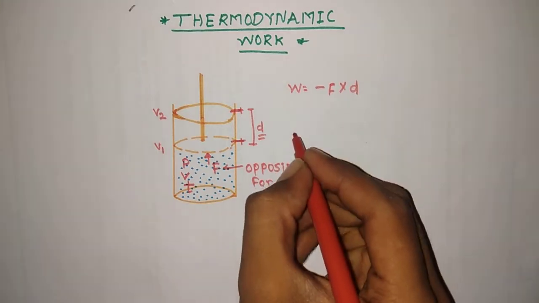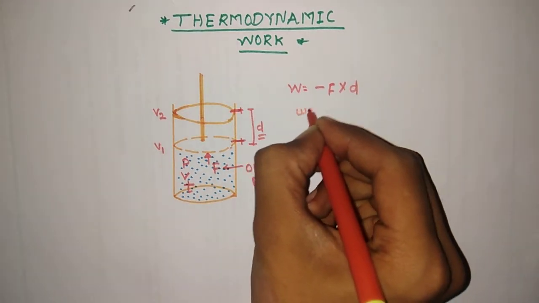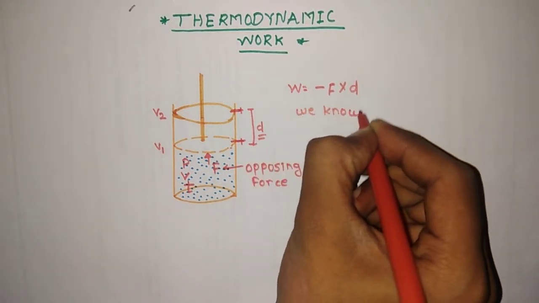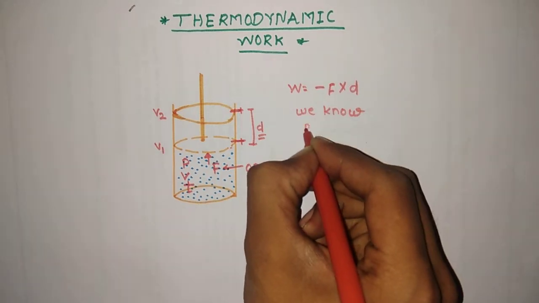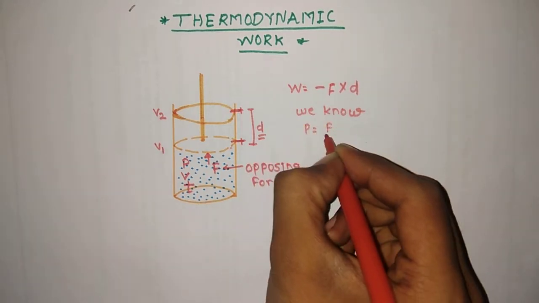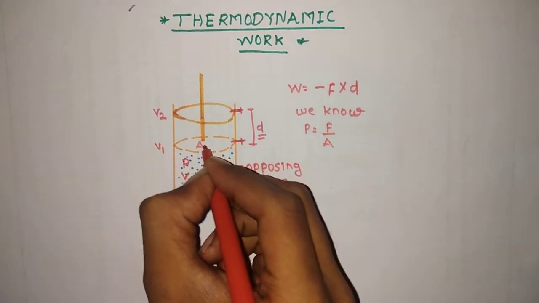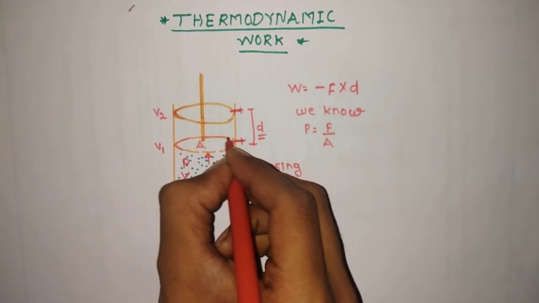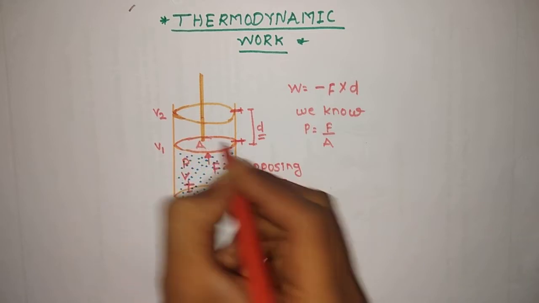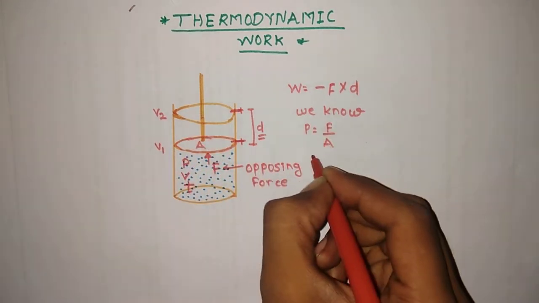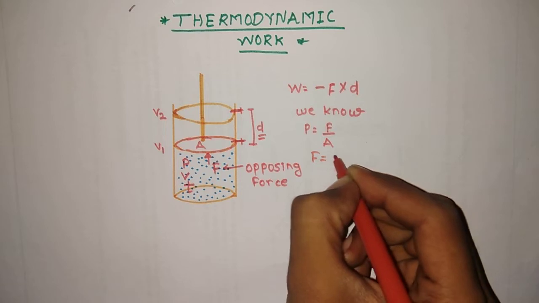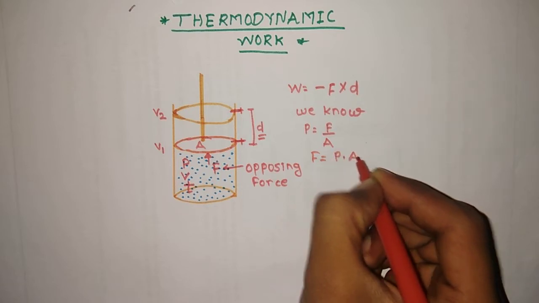Now we know that pressure equals force upon area. The area is that of the piston, the circular area of the piston. So from that we get force equals pressure into area.